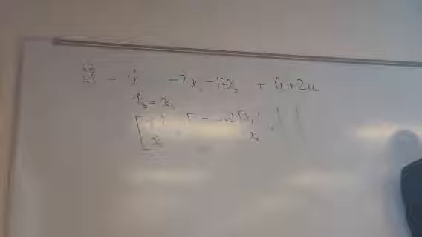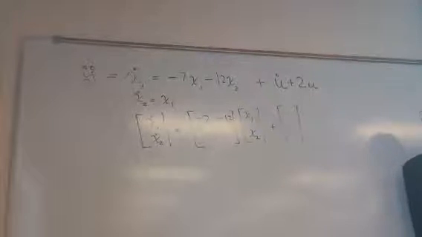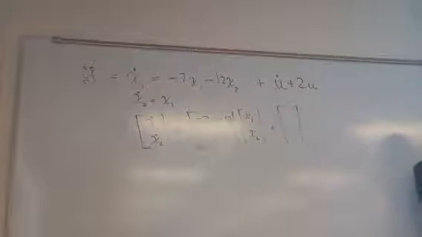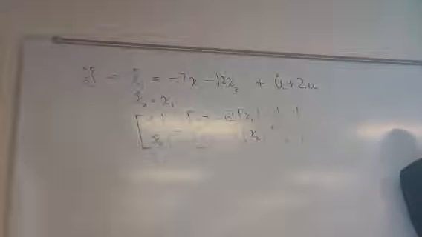If I just wanted to write a state space form for this thing, how would I write this?